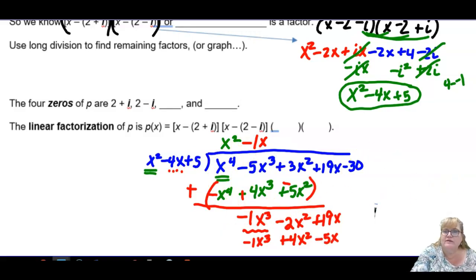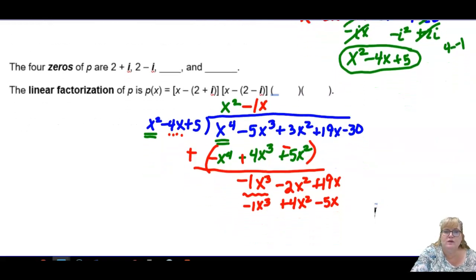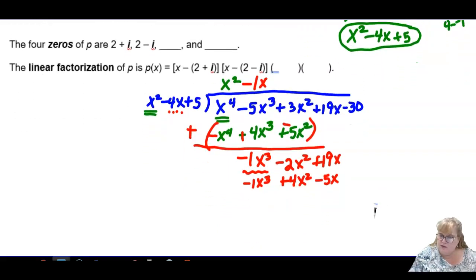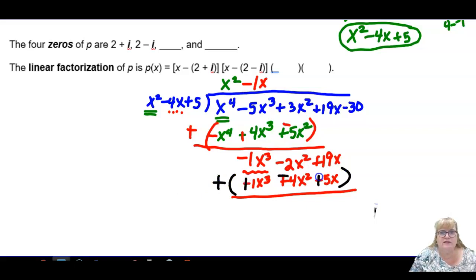All right. So I am subtracting, or adding the opposite of all of these. So this is 0, negative 2 and negative 4 is negative 6x squared, and 19x plus 5x is 24x, and I'm going to bring down this minus 30.